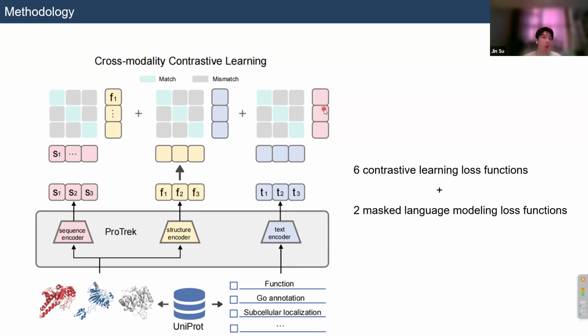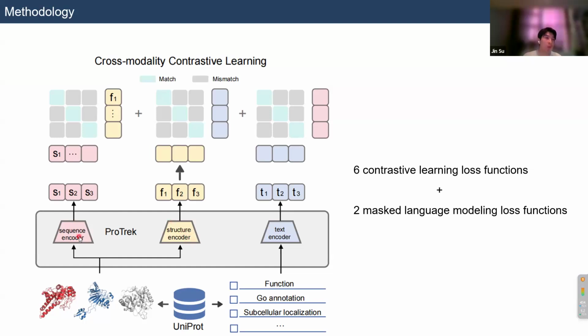And we also want to learn the relationships within a single sequence, for both the sequence and the structural sequence. So we added 2 additional masked language modeling loss functions for the sequence encoder and the structure encoder.